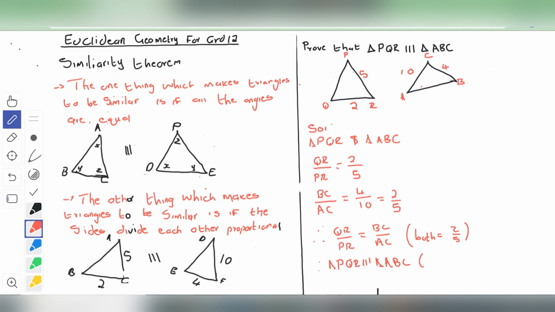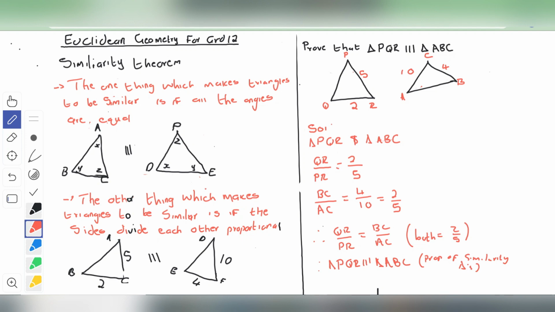So therefore we are done. The reason is the proportionality of similar triangles. Prop of similarity triangles. That is the reason. So therefore we are done.